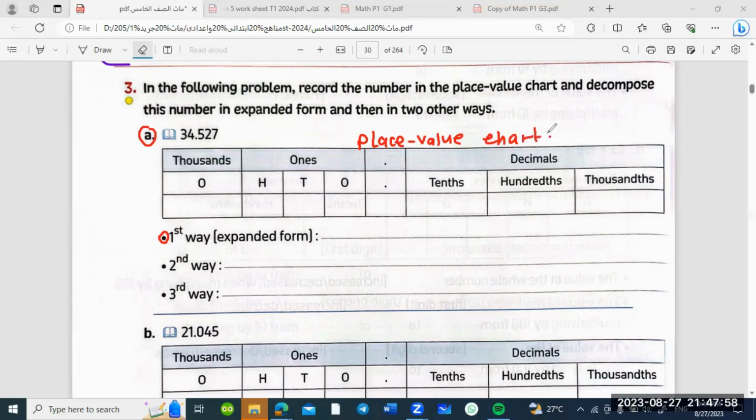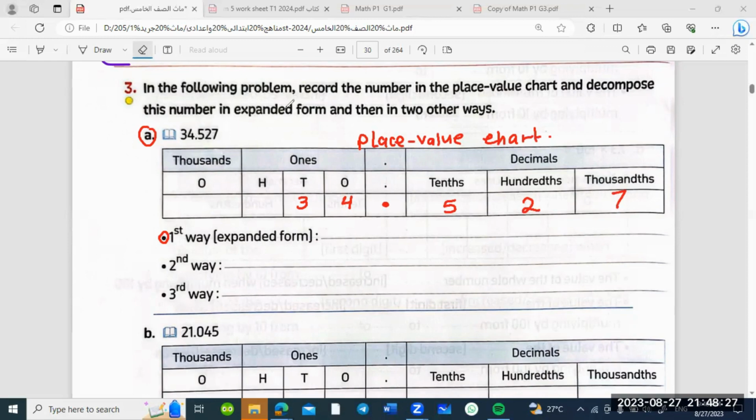First, put your number in the place value chart according to the place value of each digit. So 4 will be in ones, 3 will be in tens, the decimal point here, 5 in tenths, 2 in hundredths, and 7 in thousandths. When you put your number in the place value chart, it will help you to make it in expanded form easier.